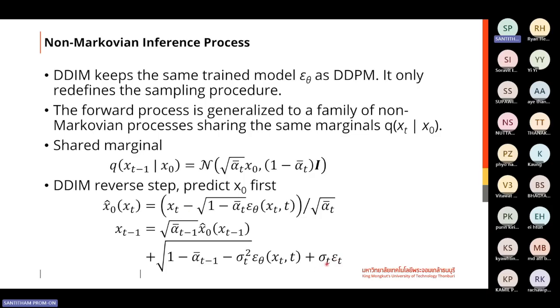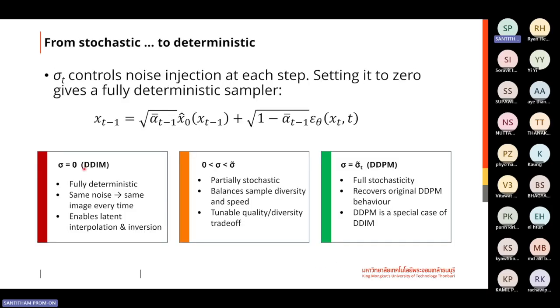At step t, if sigma becomes a certain value sigma t, then you get the DDPM with full stochasticity. If you remember, in the DDPM, at each iteration we add a small amount of noise, so that it has certain stochastic properties.